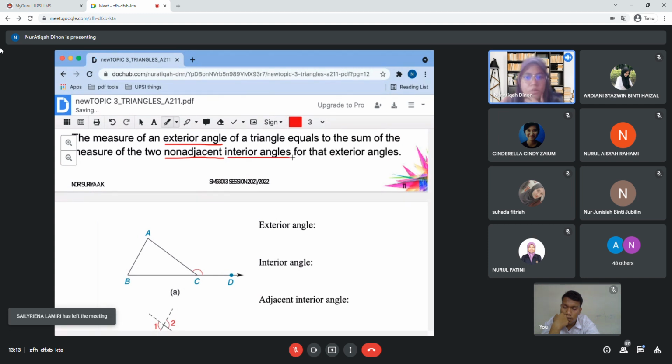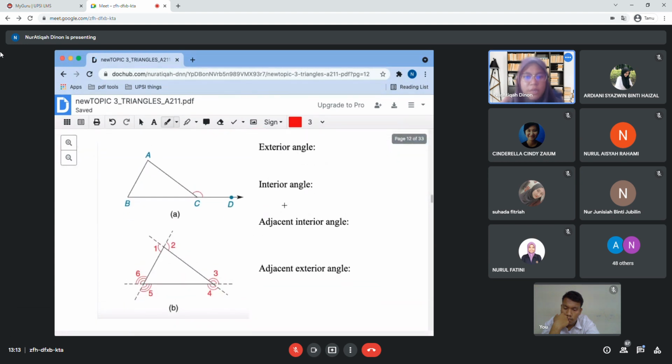Let's look at what an exterior angle actually is. Based on the explanation before, number 6 explains exterior angles. So let's say we look at this figure A. It's the same figure as mentioned in the previous slide.